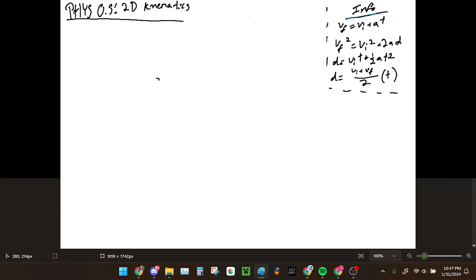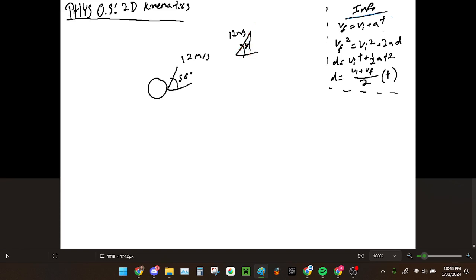Let's say you have a ball and it is kicked at 50 degrees at 12 meters per second. What this is telling us is that at 50 degrees, we can make this into a triangle. At 50 degrees, the hypotenuse is 12 meters per second, and we want to reverse engineer to find these two legs for the initial velocity.